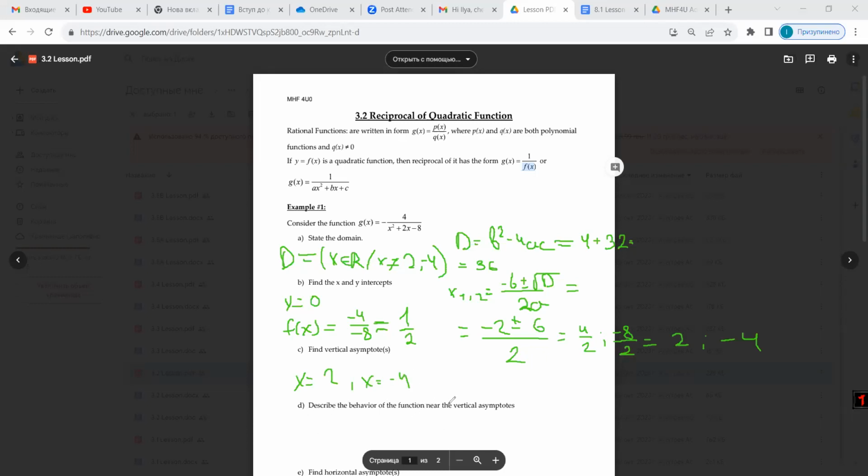Describe the behavior of the function near the vertical asymptotes. So we have to look into values of x to the left and right hand side of 2, and to the left and right hand side of -4. When x approaches 2 from the positive side, we're going to see, for example, 2.1.